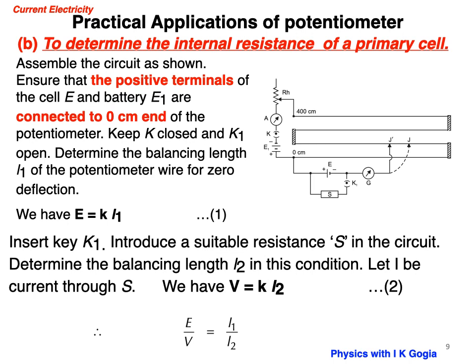Now insert K1 also and introduce a suitable resistance S. With this circuit complete, you get some current through this circuit, that is the value of potential difference now drops to V. Measure the balancing length, you get V equal to KL2. Divide the equations. It leads you to the ratio E over V equal to L1 by L2.